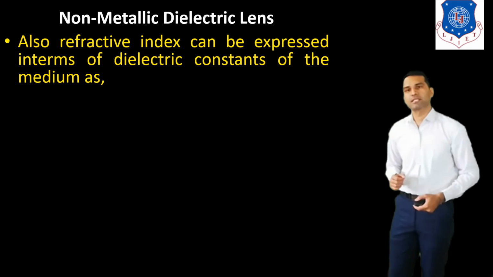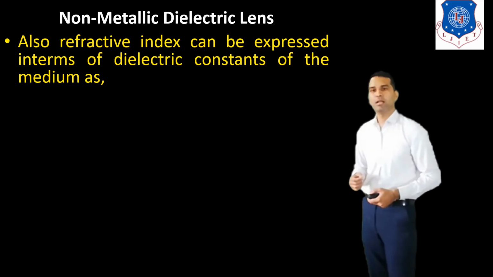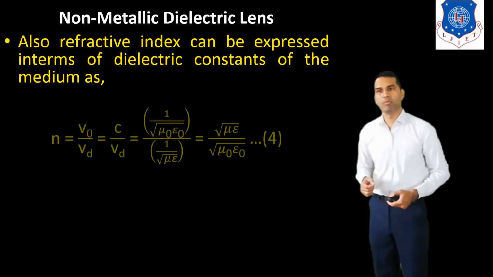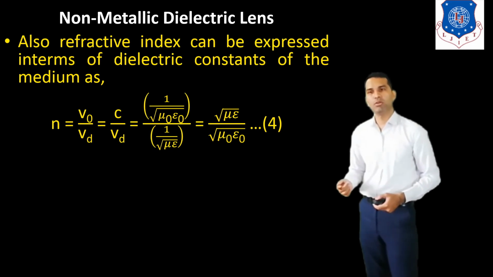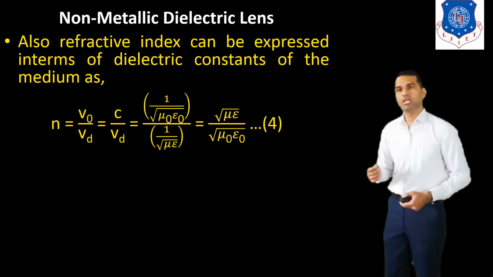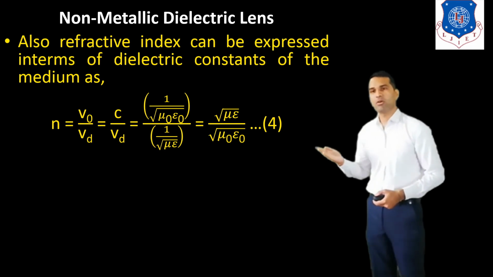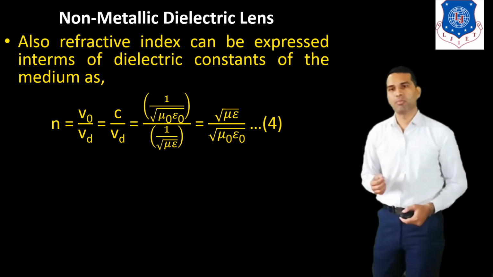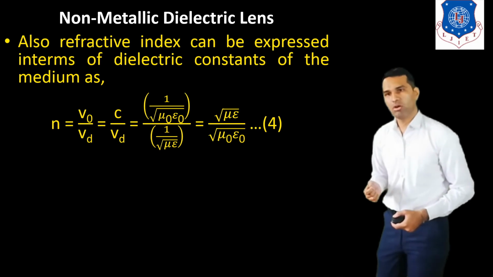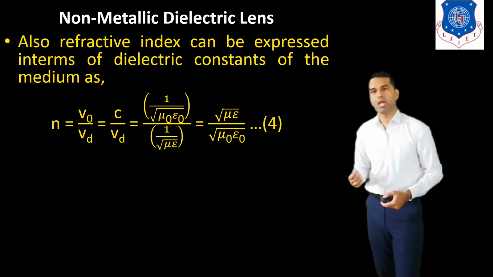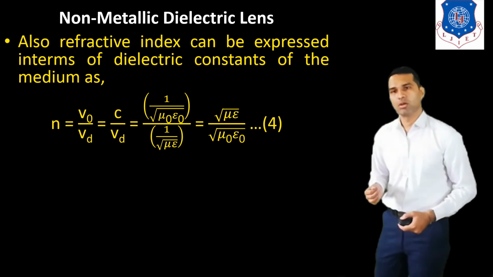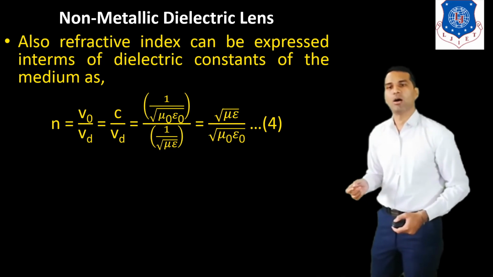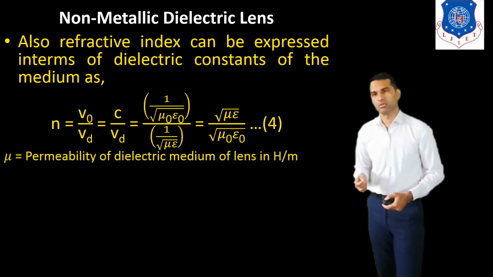Also, the refractive index can be expressed in terms of the dielectric constant of the medium as N is equal to V0 upon Vd, and we know that V0 is nothing but C, and we can also write this in the form of 1 upon under root mu 0 epsilon 0 over 1 upon under root mu epsilon. So when we simplify, N is equal to under root mu epsilon upon under root mu 0 epsilon 0.